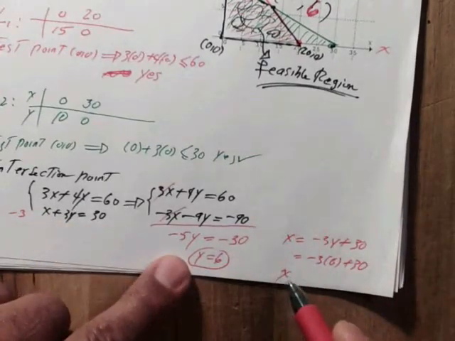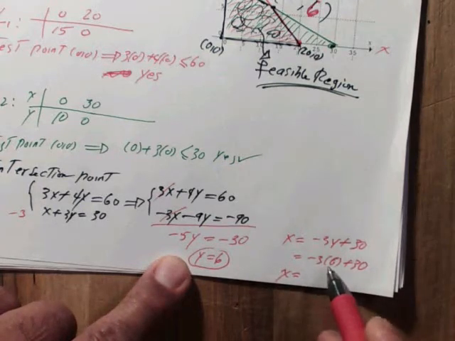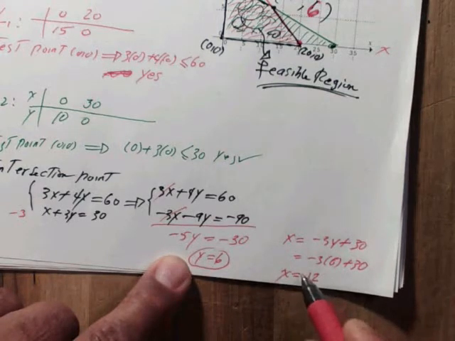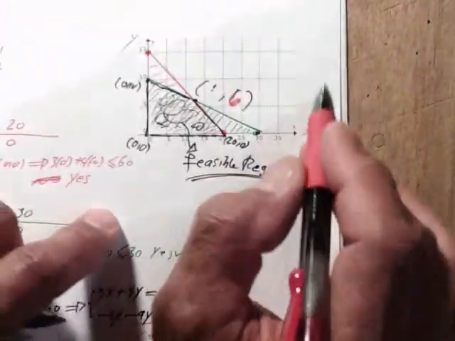So x, this is negative 18 plus 30, you get 12. So the x value for this point is 12.